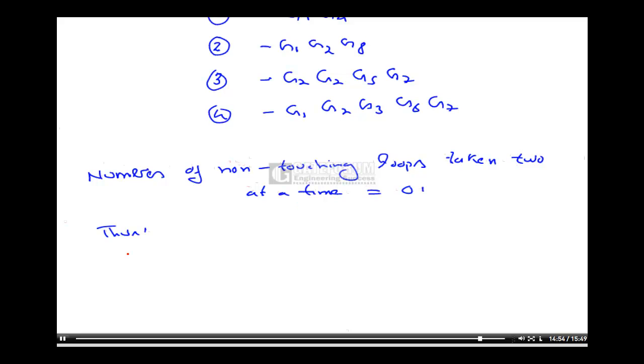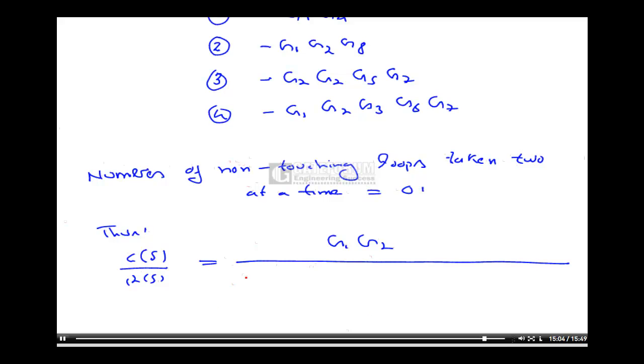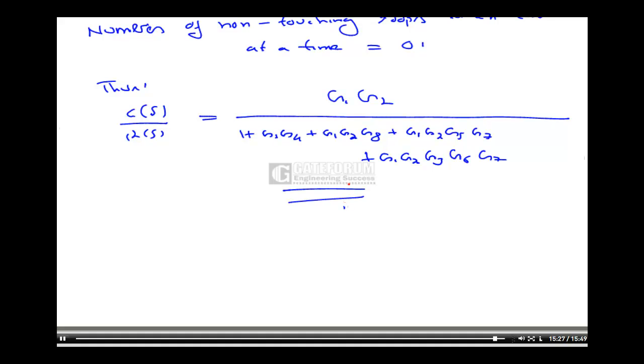Thus the overall transfer function C(s) by R(s) is equal to G1 G2 upon 1 plus G1 G4 plus G1 G2 G8 plus G1 G2 G5 G7 plus G1 G2 G3 G6 G7. This is the overall transfer function for the given block diagram, simple only. So with this we have covered 3 different types of problems which can be asked, or similar problems can be asked.